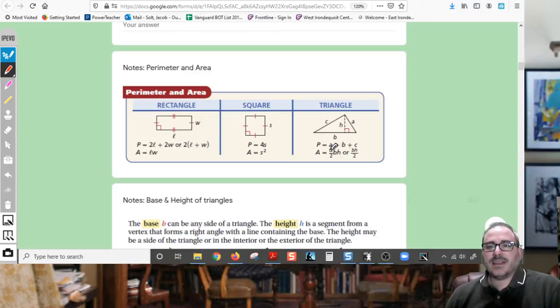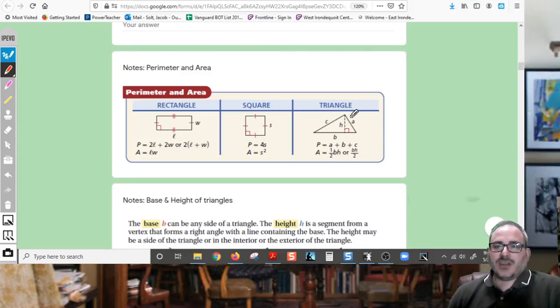Or base times height times 1/2, which is really the same thing as dividing by 2. Multiplying something by 1/2 is the same as dividing it by 2. Do you see how 1/2 is really 1 divided by 2? And if I multiply 1 times base times height, 1 times anything is the same thing as itself. So the 1 disappears, and this becomes base times height divided by 2.